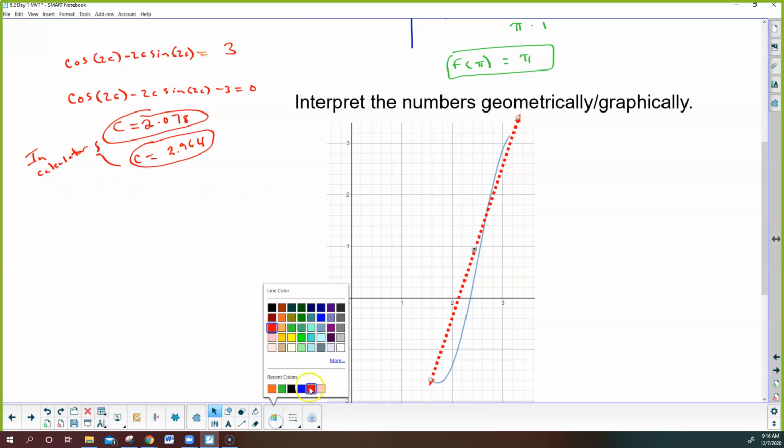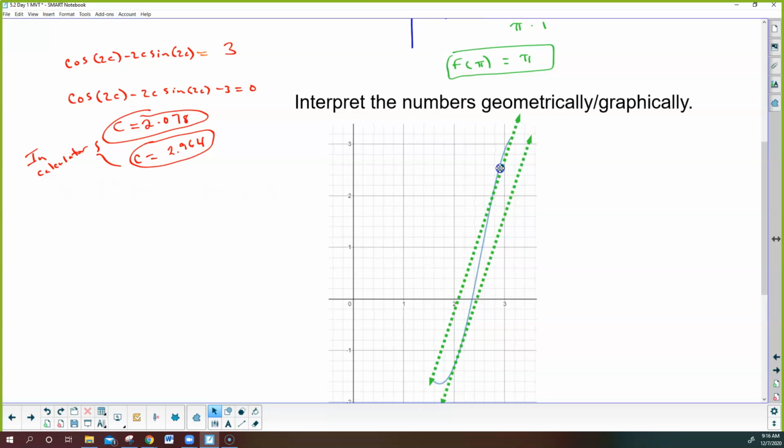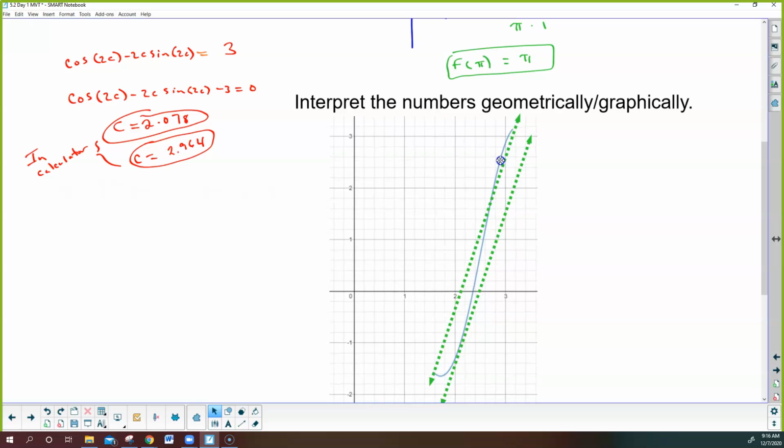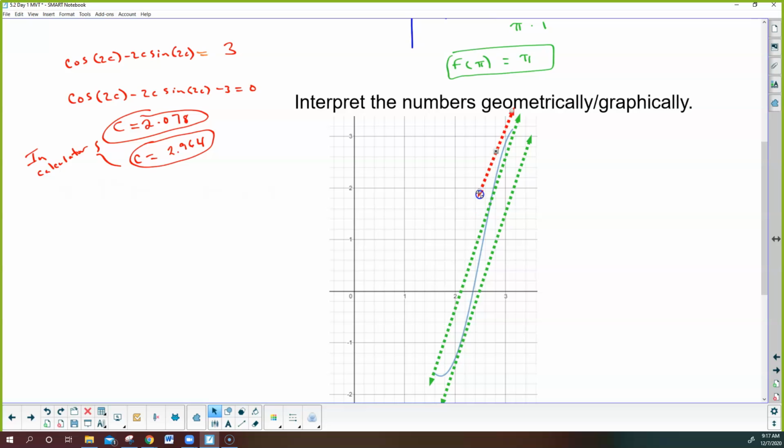And then I clone this. Sorry, I'm just getting my colors straight.